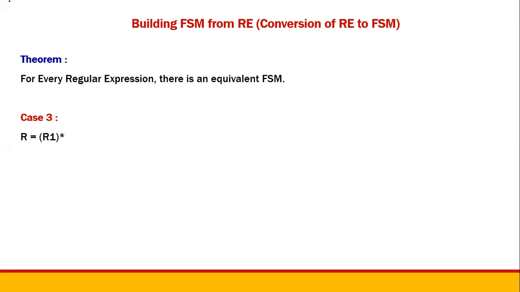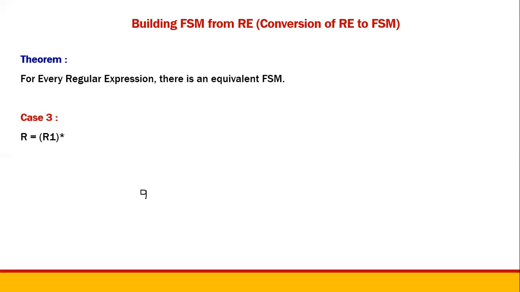Then we have the third case, the Kleene star, that is R1 star. I'm taking just one regular expression R1 here, and I'm going to make it 0 or more occurrences. So the FSM looks like this.